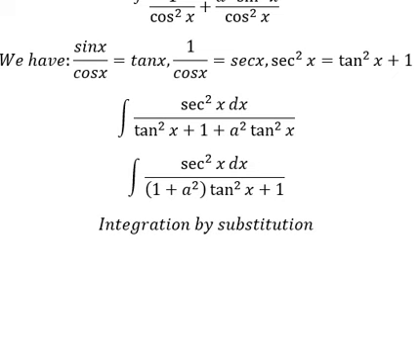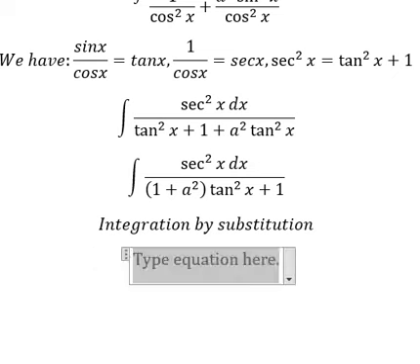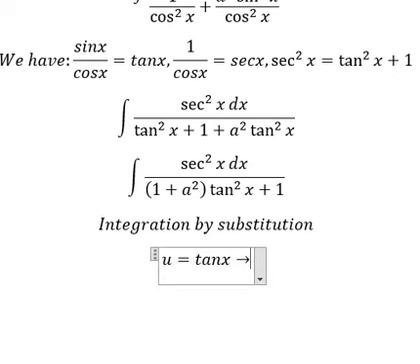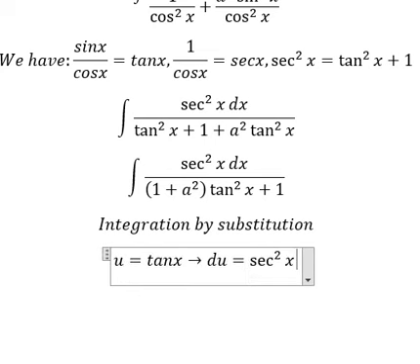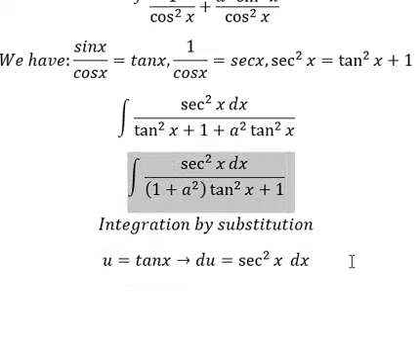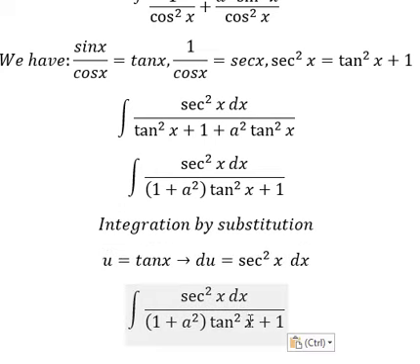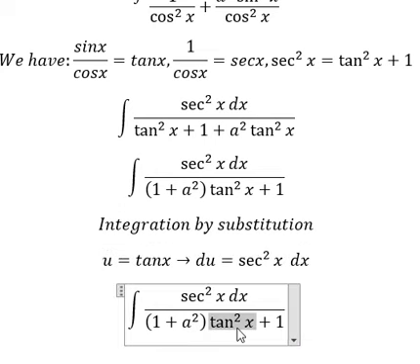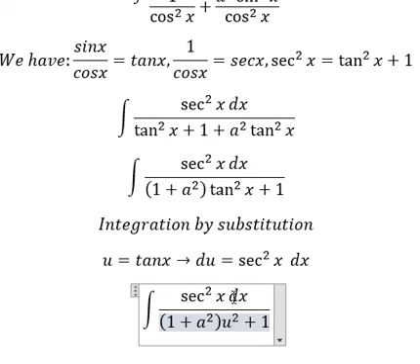So I will put u equals to tan x. After that, we need to do first the derivative for both sides. This one we change for u. This one we change for du.